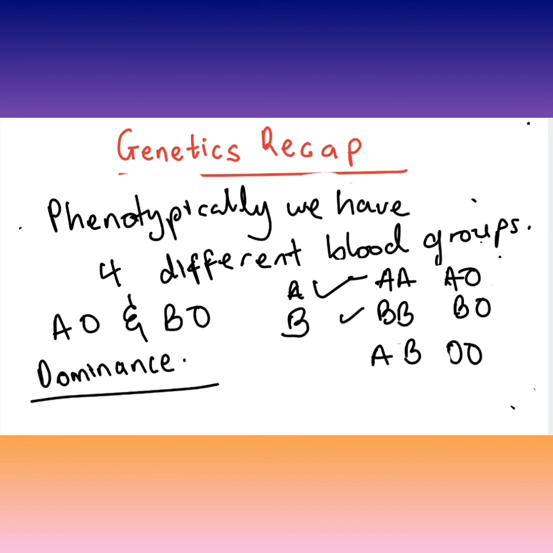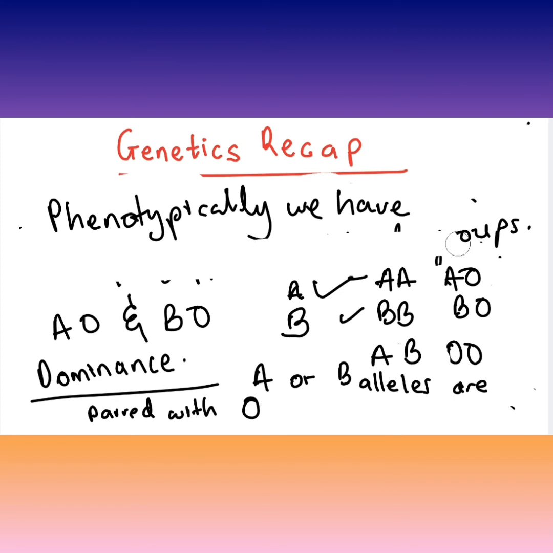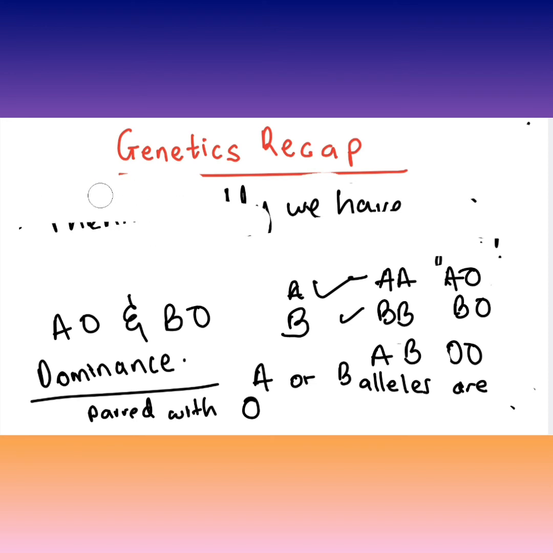Now, in the case of the ABO blood group, whenever A or B alleles are paired with O, what happens? I'm just going to erase a little bit so I have space to write.